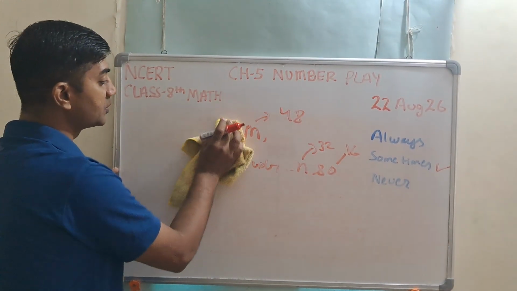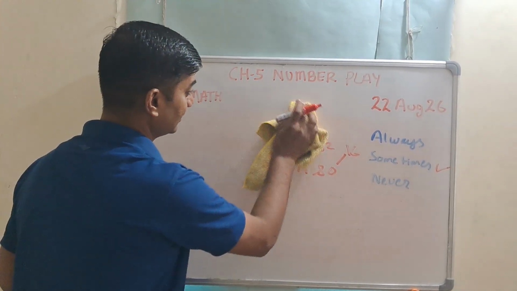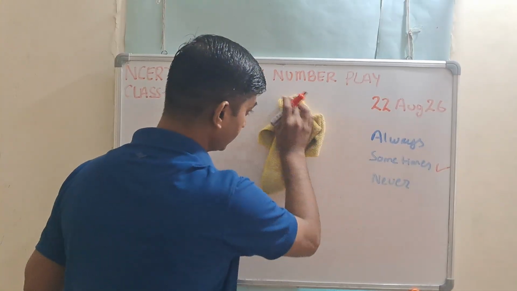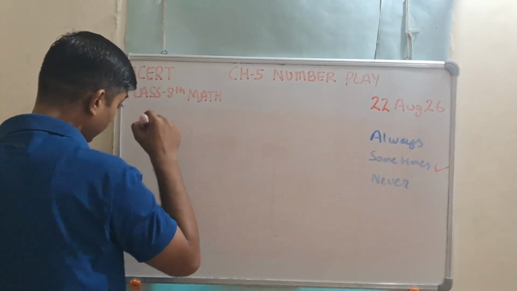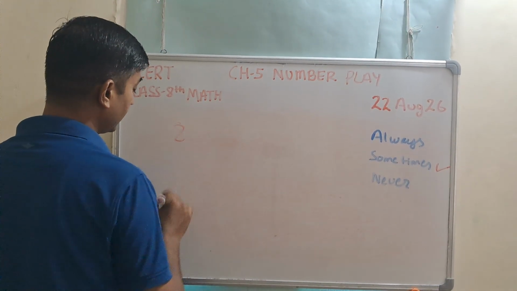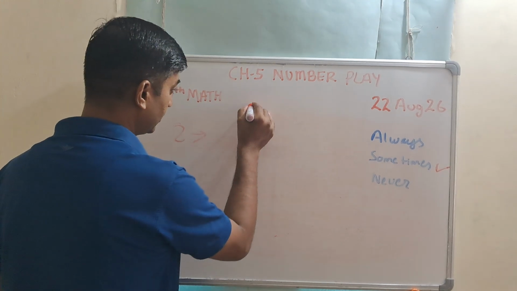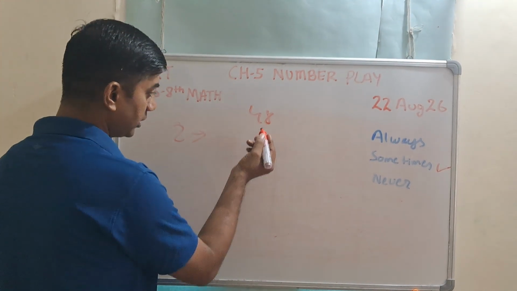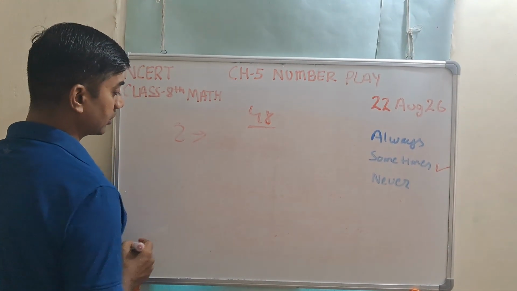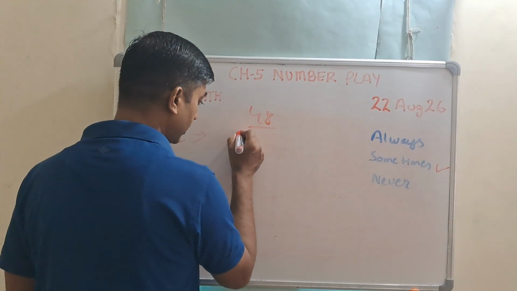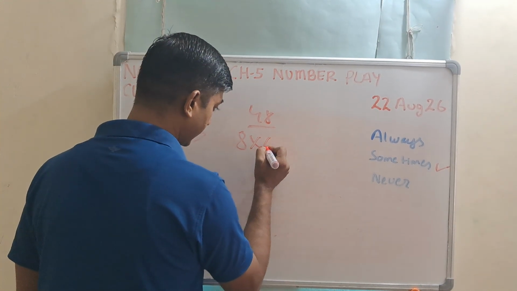Now how can you split? Let's take the same example, 8. We have taken 8 and it divides 48. If you separate 8 from here, what result will you get? 8 into 6.